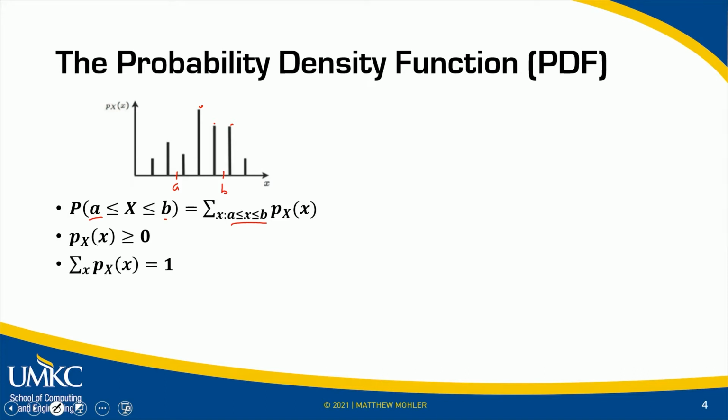We also said that the sum over all possible outcomes of x, so the sum over every single potential outcome of our random variable, when we sum the probability mass function, or the probabilities of each of those outcomes occurring, that must be equal to 1.